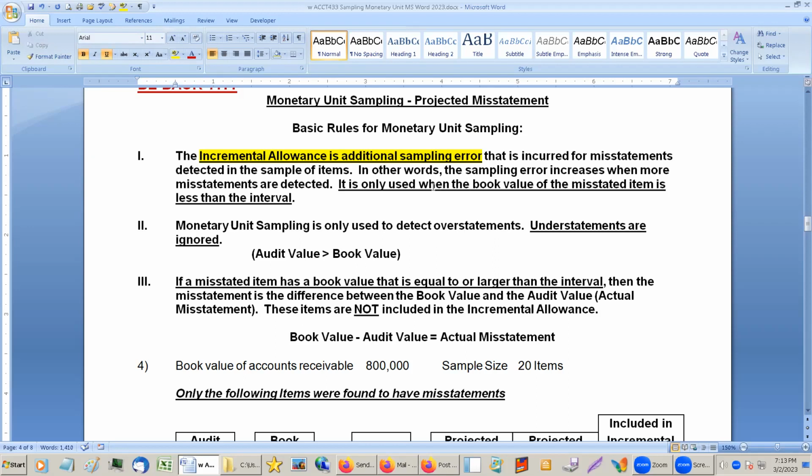Incremental allowance is really as simple as this, but it gets more complex when we start doing the actual crunching of numbers. But it basically is this. If you do find errors, then that shows that there could be more errors possible.